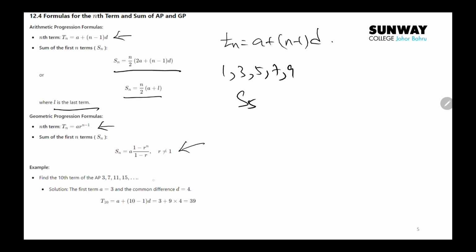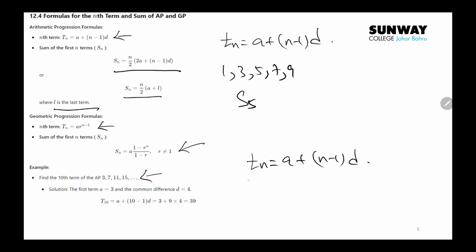A quick example: if you would like to figure out the 10th term of this arithmetic progression, the first thing you need to do is to identify the formula. Because you would like to figure out the 10th term, you use the Tn formula, not the summation, because the question does not mention the word summation or any synonym or related terms.